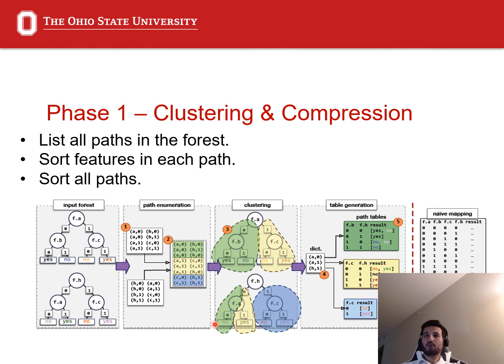And then after this, paths are sorted together to allow for similar paths that belong to different trees to be grouped together and be calculated together. So in this case, we can see that the path that has feature A with a value of 0 actually gets mapped with a subtree that corresponds to that.